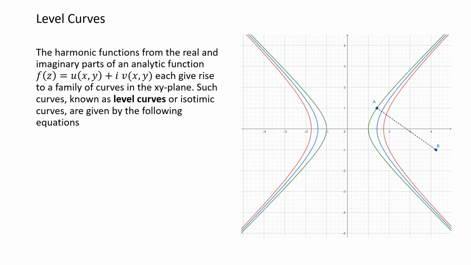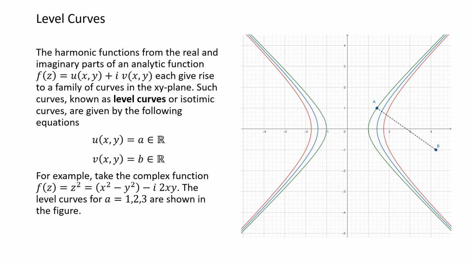So let me explain the graph I have here. There's something called level curves. So if we have a harmonic function, f of z equals u plus iv, then if we set the real part to a constant, which I've written out here, u of x, y equals a, and the imaginary part set to a constant, which doesn't have to be the same one, then you get a series of curves.